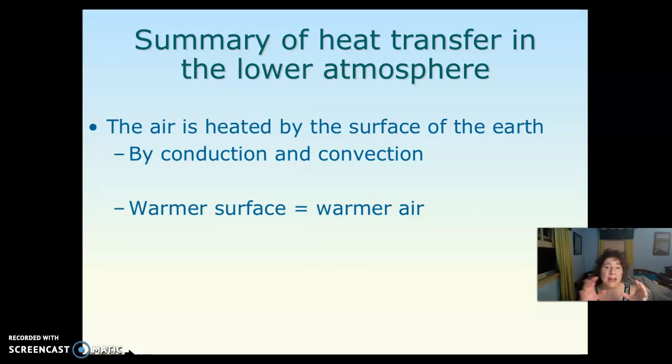And then in the upper atmosphere, the sun can warm that thin atmosphere up there. So to put it all in perspective, the ground warms the lower atmosphere, the troposphere, where we have 95% of our weather, or all of our weather. The ground heats the troposphere, and the warmer the ground is, the warmer the air will be in the troposphere.